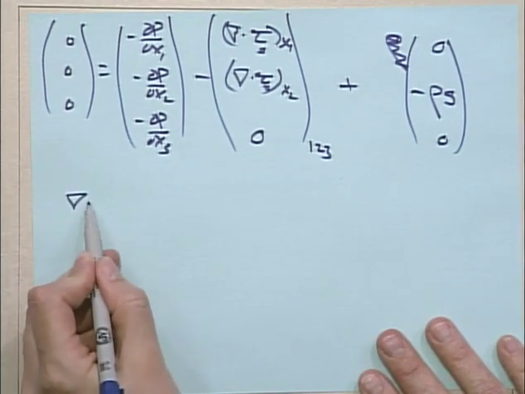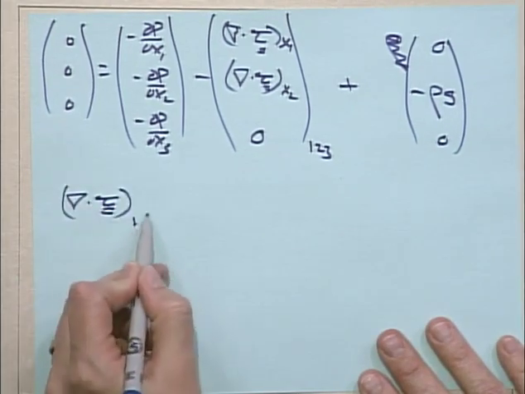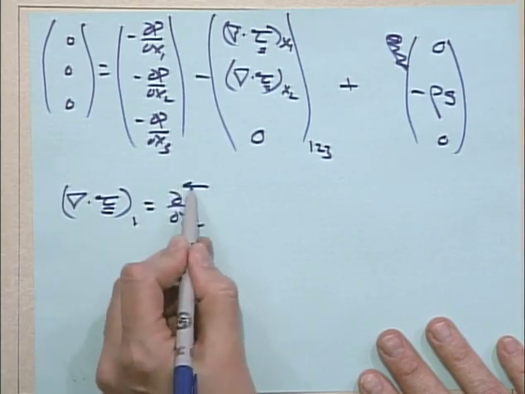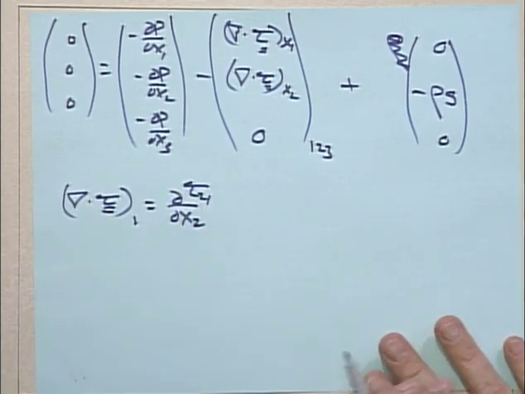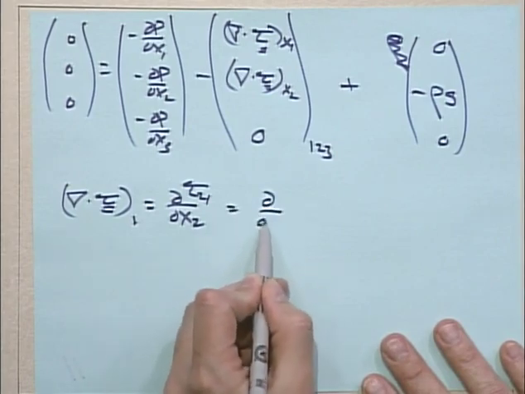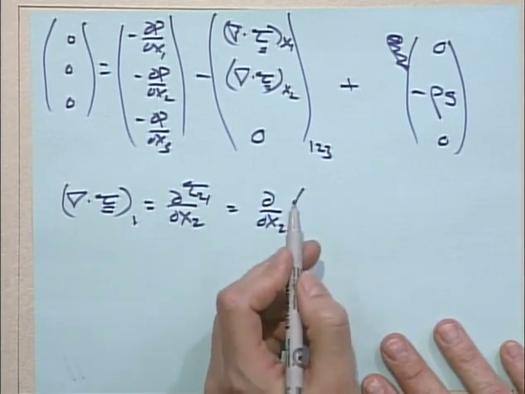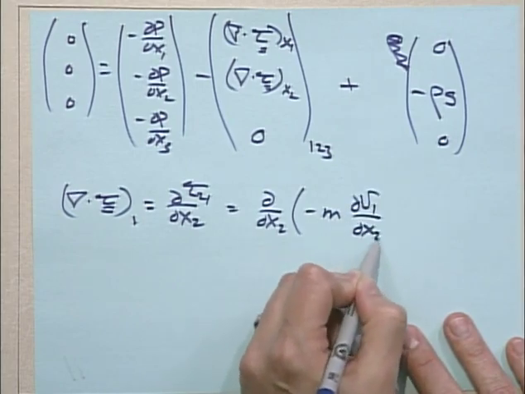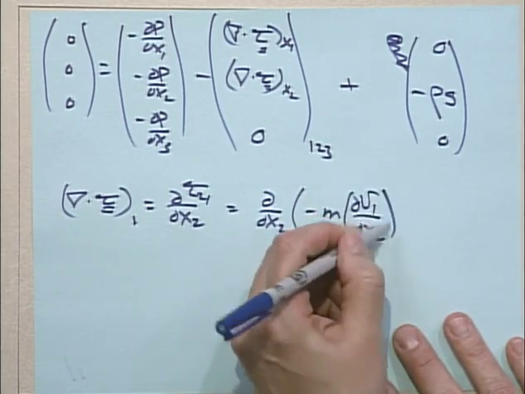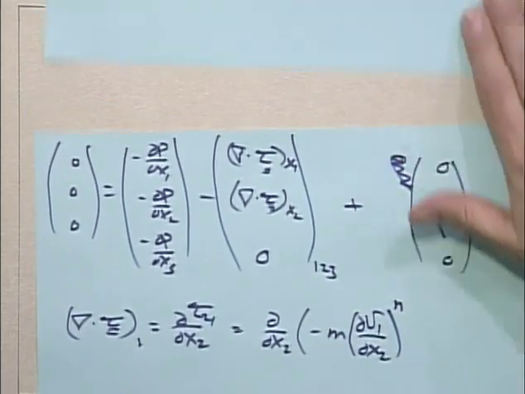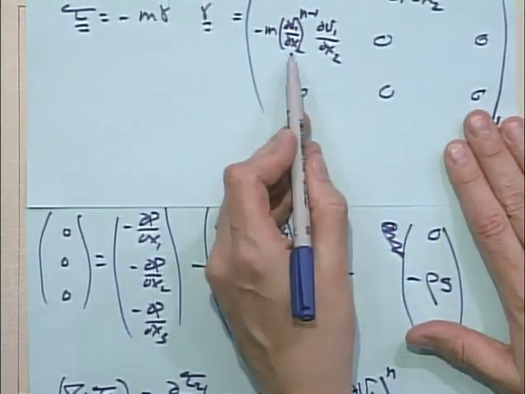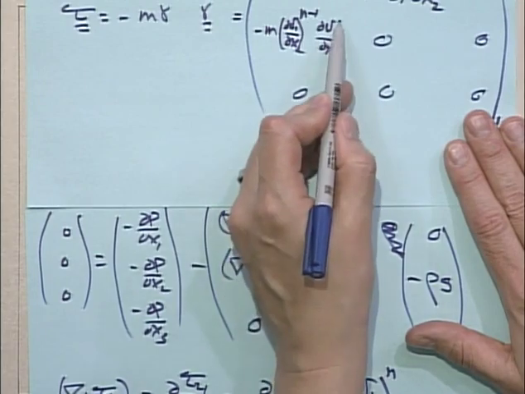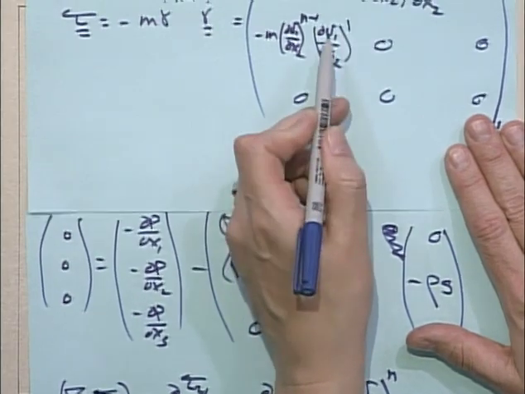Del dot tau, the 1 component, is d by dx2 of tau 2, 1. Tau 2, 1 is minus m dv1 dx2 to the n. If I look at this component, I can combine these two. They're both dv1 dx2. This is to the n minus 1. This is to the 1.